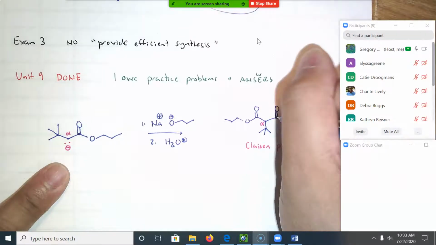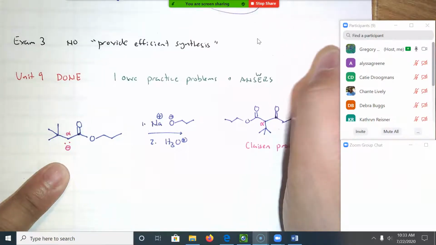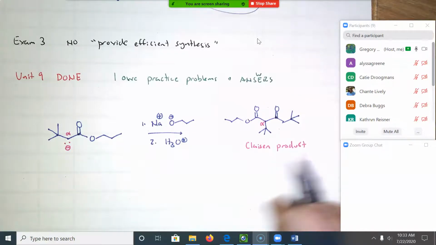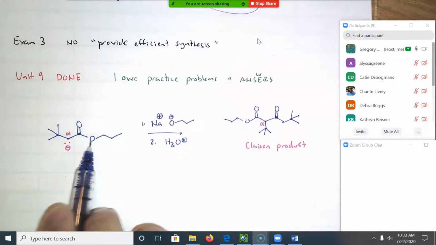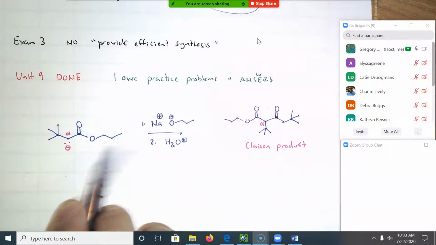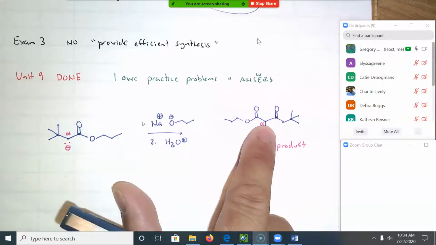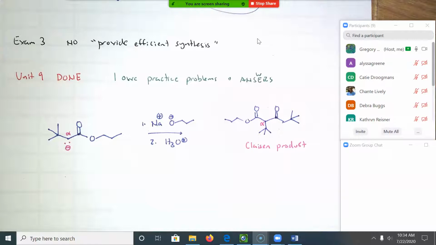Same ester, but no leaving group. When you do this reaction, when you kick out this leaving group, that's a strong base, and you're going to deprotonate this alpha carbon because there's still a hydrogen there. That's why I need acid to replenish it. This is my final product.